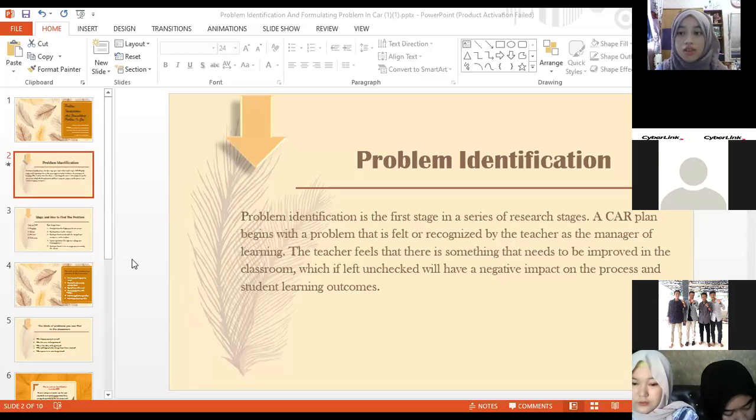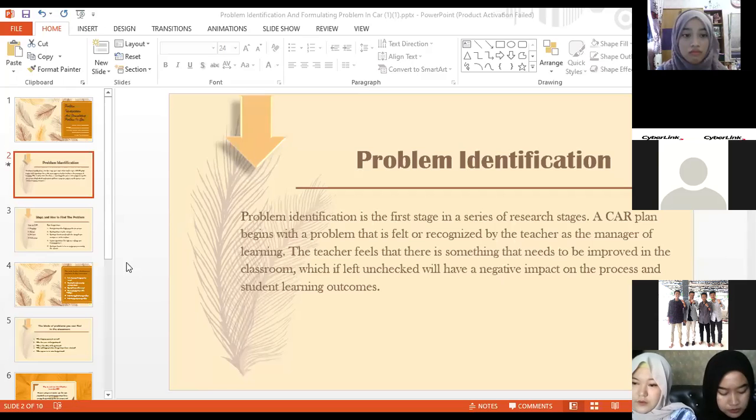Problem identification also means the process of finding the relevance between the problems faced by the student and the teacher while trying to reach the target of the learning process. That will be the main point of problem identification, guys.